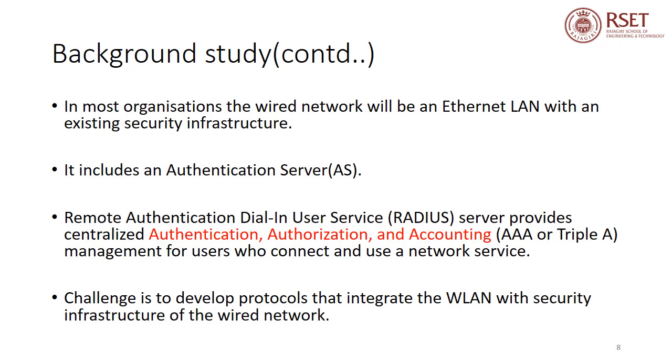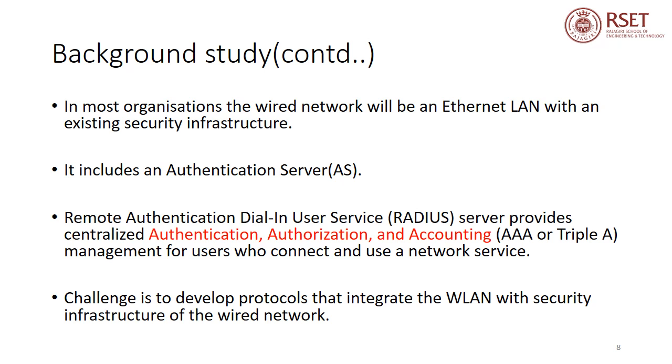In almost all organizations, there will be a wired network in place, which will basically be an Ethernet LAN connection. In such Ethernet LAN connections, an existing security infrastructure will already be present, which involves many kinds of servers, like an authentication server for performing all the authentication tasks.